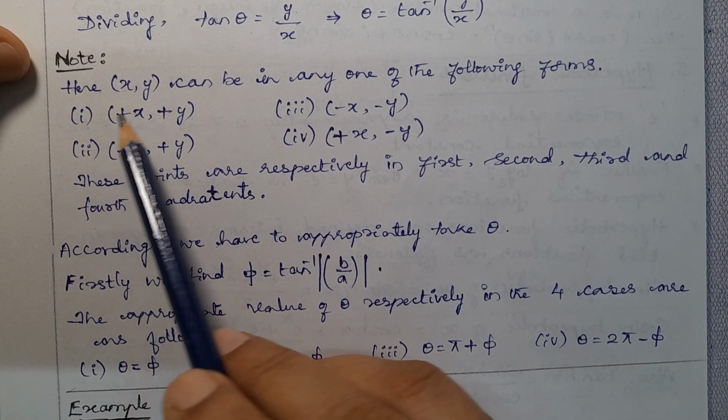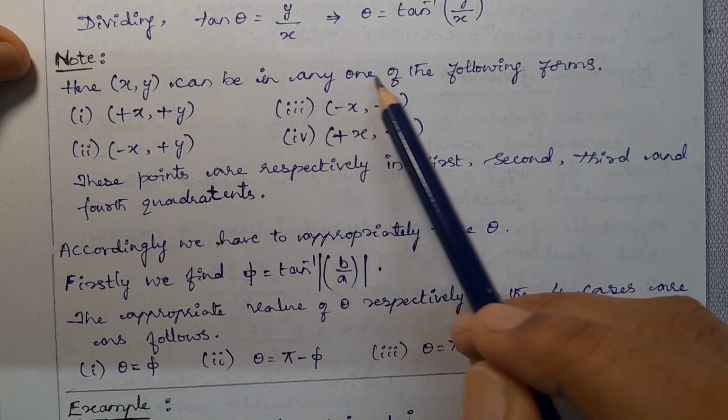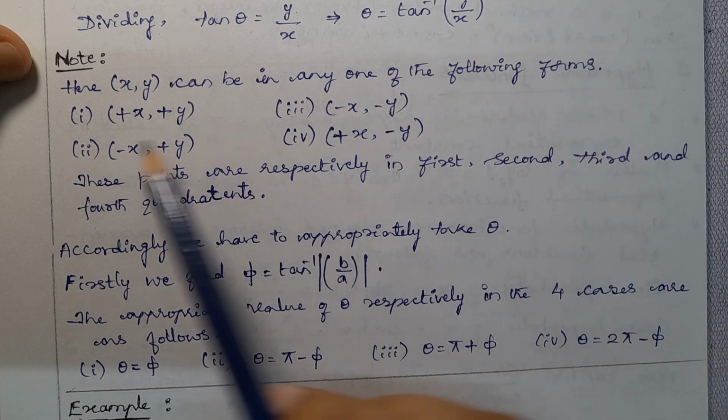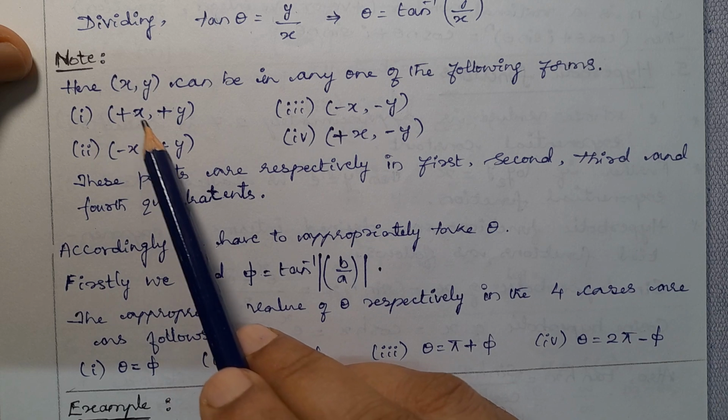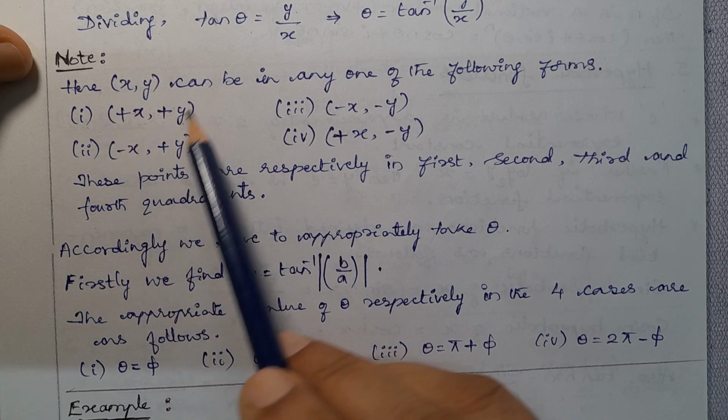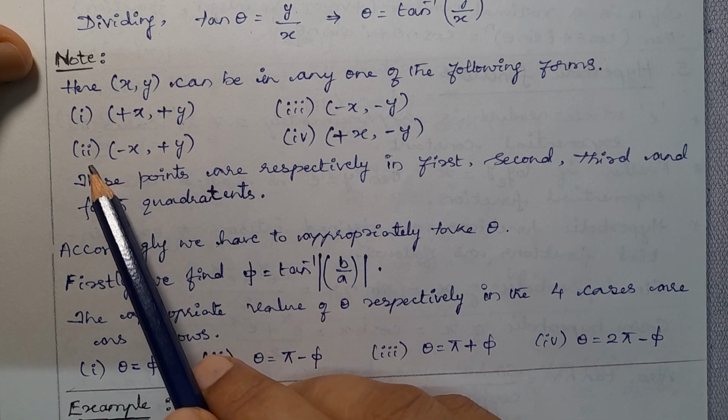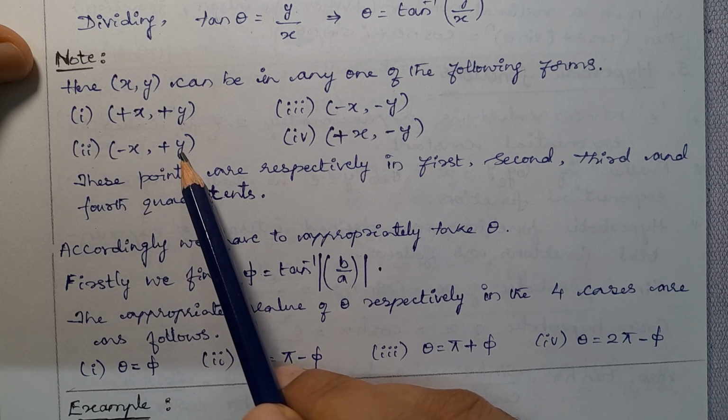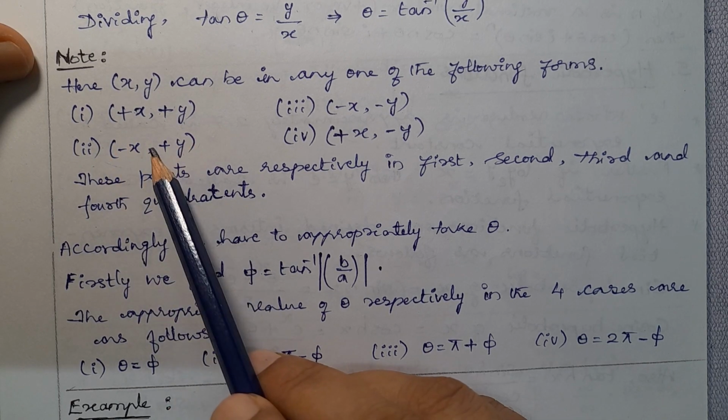Note, here x comma y can be in any one of the following forms. First one, plus x plus y, so this is first quadrant. Second one, minus x plus y, so this is second quadrant.